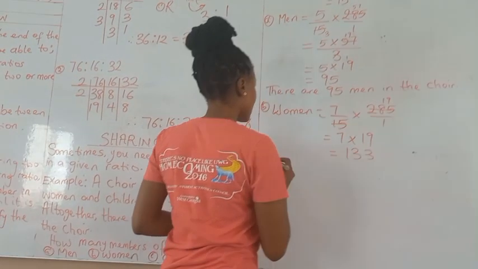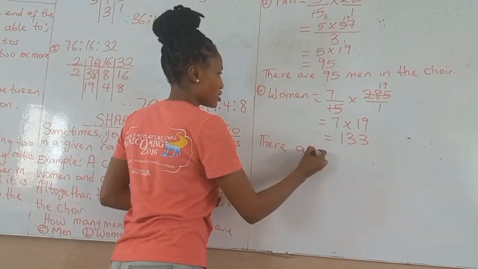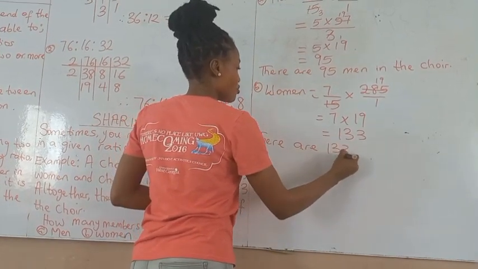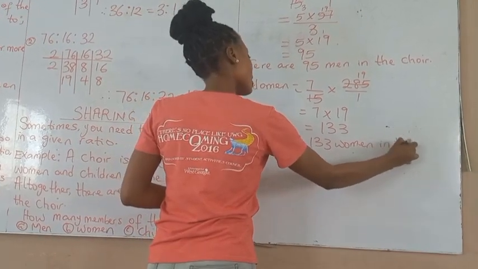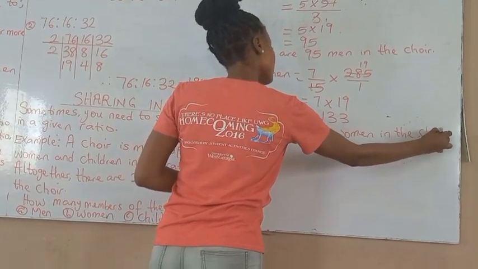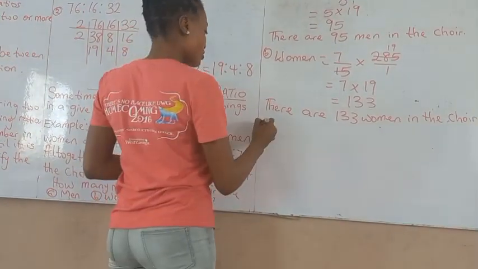You can then say that there are 133 women in the choir. Now let's go to children.